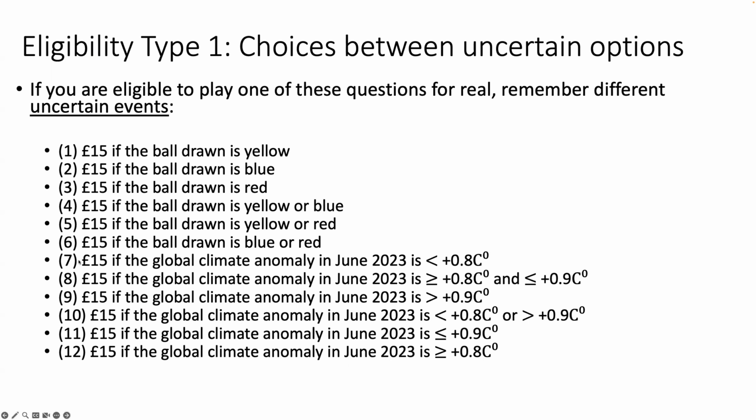On the other hand, there are 6 different options that are related to global climate anomaly in June 2023. We are going to now decide which of these 12 options is going to be relevant for your bonus payment. To do that, we're going to generate a random number between 1 and 12, and the number will then decide which of the options is relevant.